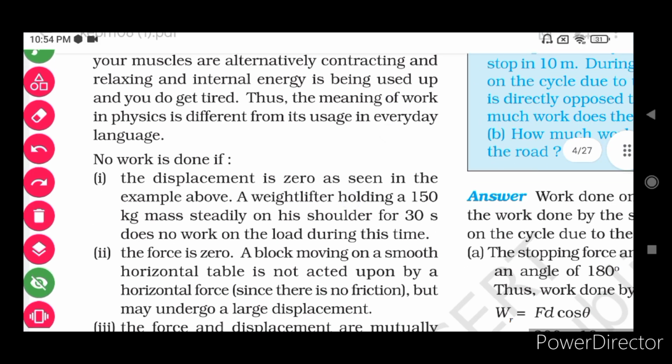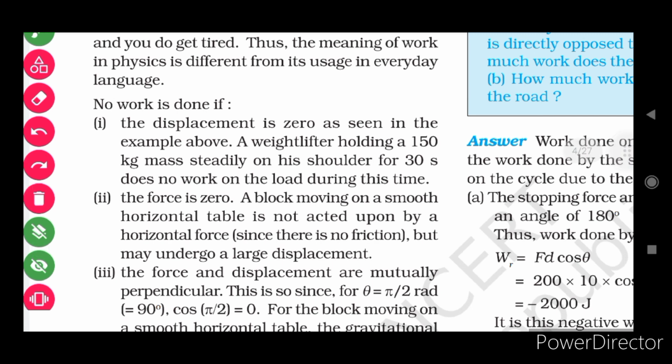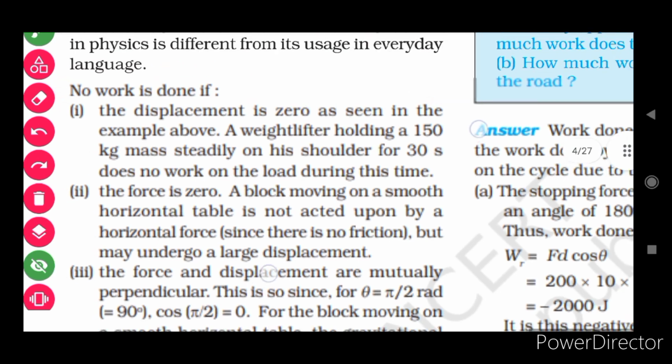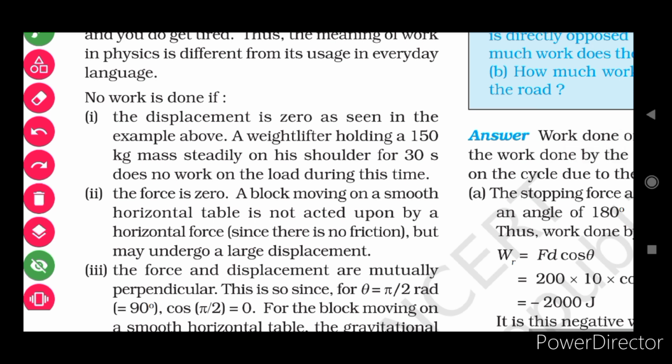Another important point: there are certain cases when work is not done. First, as we have seen, if the displacement is 0, then the work done is 0. A weightlifter holding a 150 kg mass steadily on his shoulder for 30 seconds does no work on the load during this time.